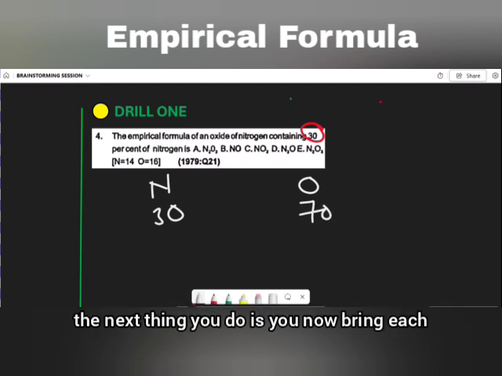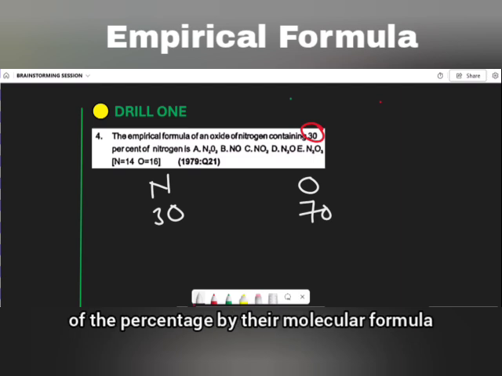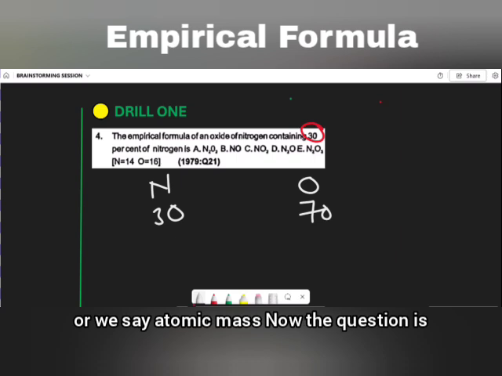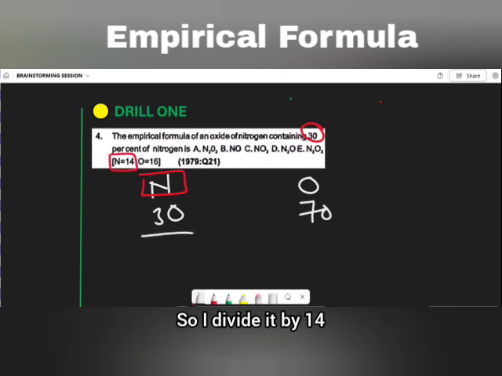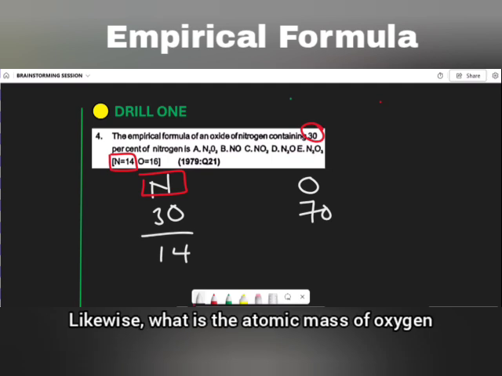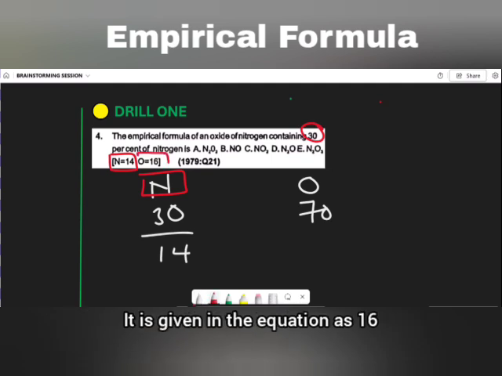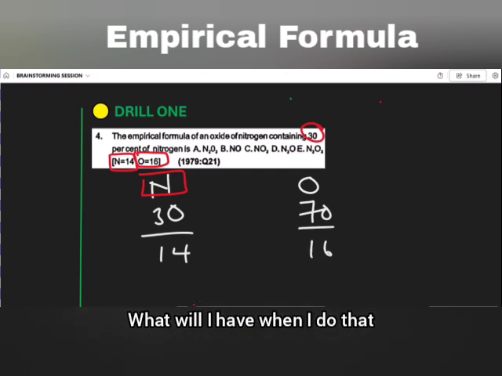The next thing you do is divide each percentage by its atomic mass. Now the question is, what is the atomic mass of nitrogen? It is already given in the question as 14. So I divide by 14. Likewise, the atomic mass of oxygen is given as 16. So I divide by 16. What will I have when I do that?